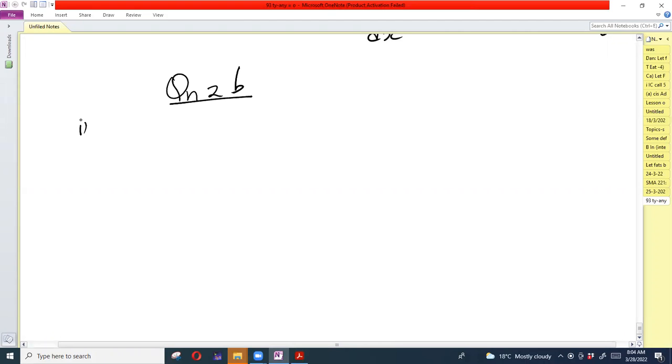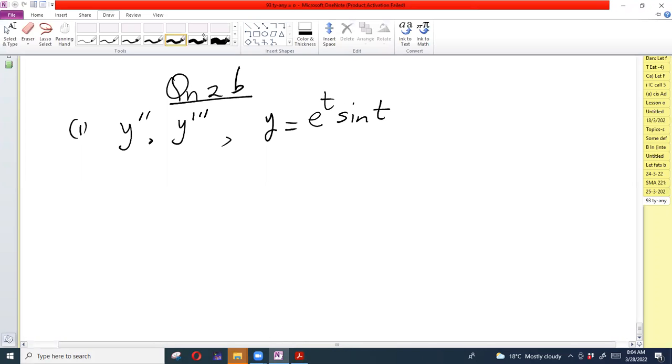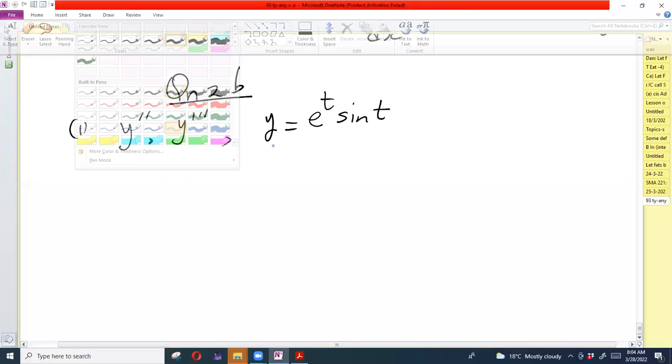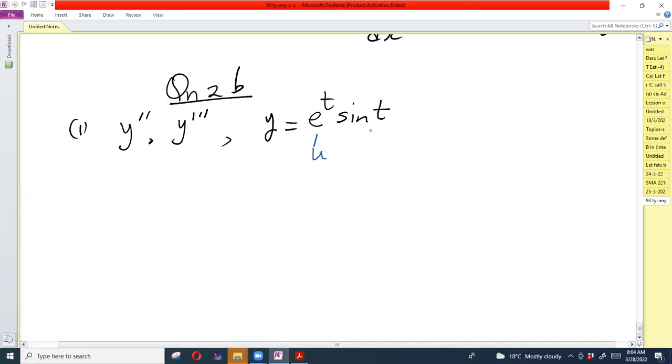So the first one is to find the second derivative and the third derivative of the function y equals e raised power t sine of t. Now first, we use the product rule. Let this one be u, this one be v. So u prime v plus v prime u.